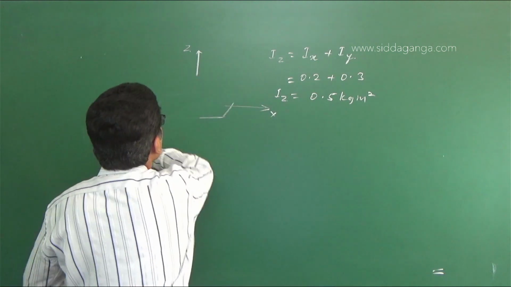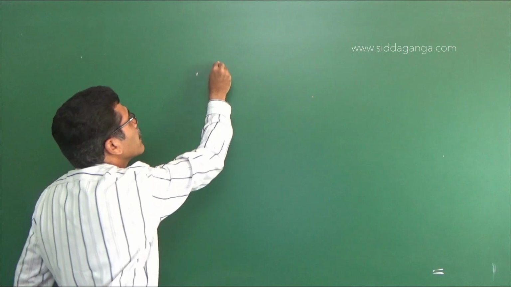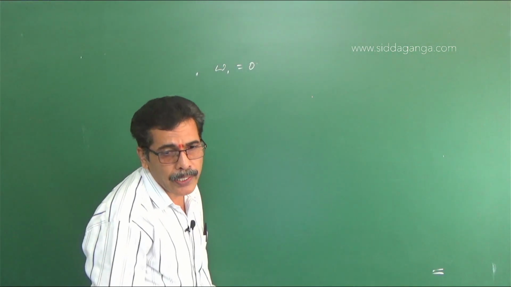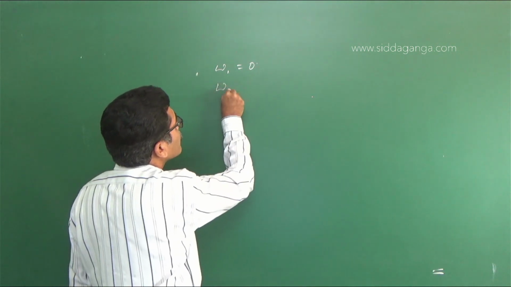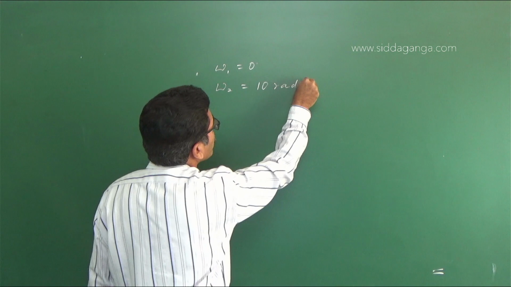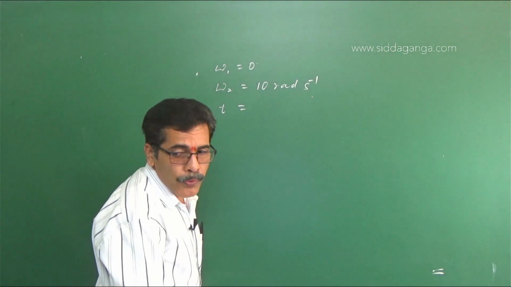They have given the initial angular velocity as 0 radian per second, and after 5 seconds it is found to be 10 radian per second. They have given time t = 5 seconds.